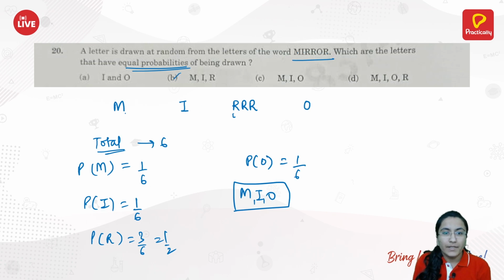So options B and D are rejected. I, O have the same probabilities, but M, I, O is the more appropriate answer over here. So you would mark option C here. If we have more than one option which is correct, we mark the most appropriate answer, right? So option C is correct.